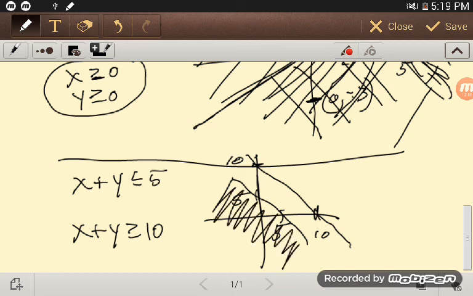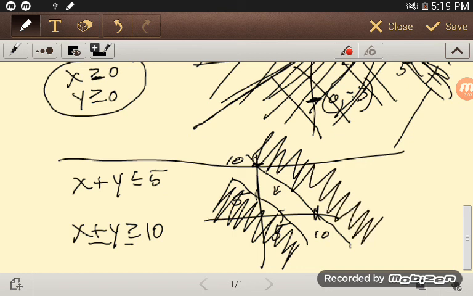But here 0, 0 doesn't work. 0 plus 0 is not greater than or equal to 10, so I can't be on this side. I have to be on this other side, and so there are my 2 regions, and they don't overlap. And so in this case, I'm out of luck. I could never find a feasible solution to both of these.